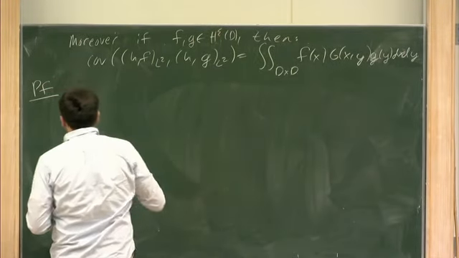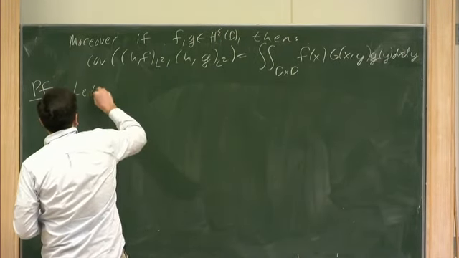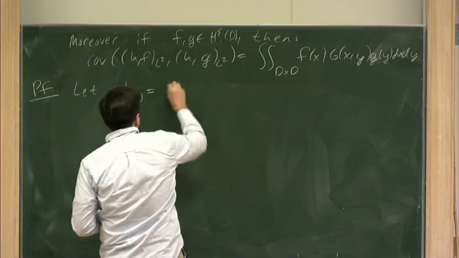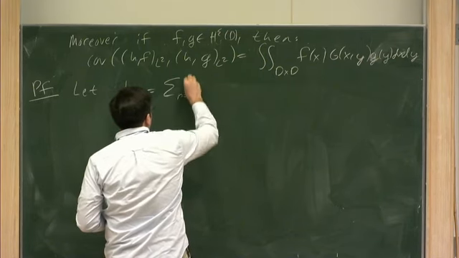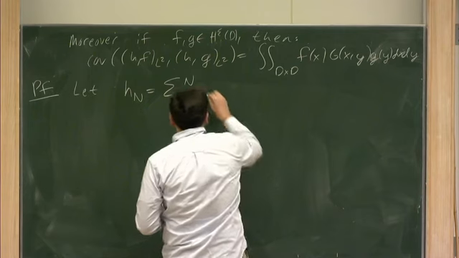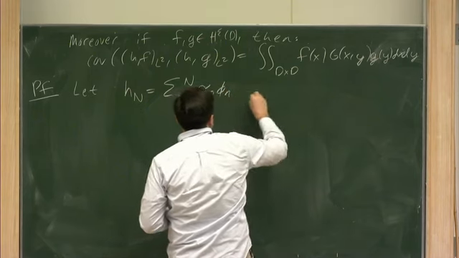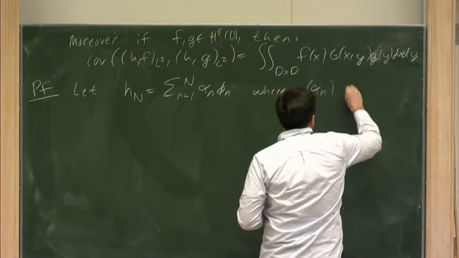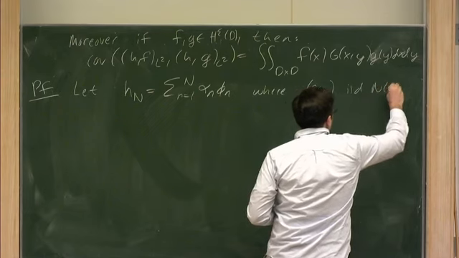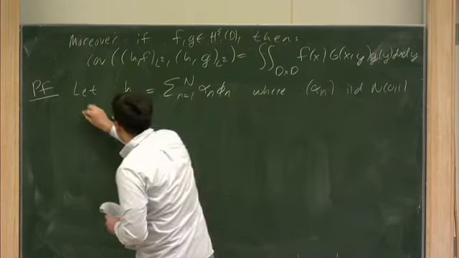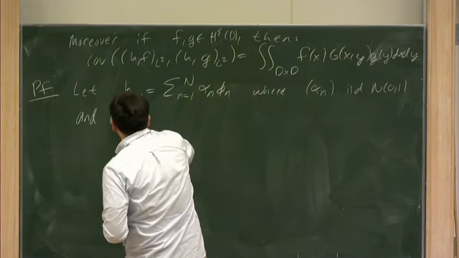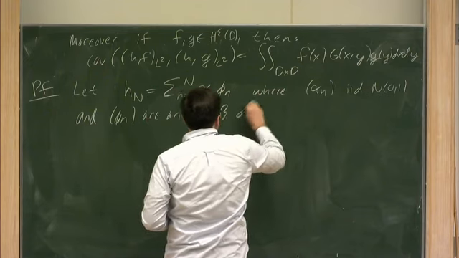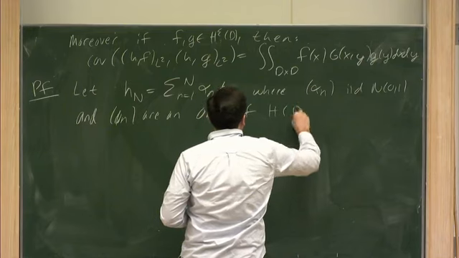So it's pretty simple. What we're going to do is write the first n elements in the series expansion for the Gaussian free field. I'm going to call that h sub n. So here, as always, the alpha n's are IID normal 0, 1, and the phi n's are an orthonormal basis of H of D. Okay.